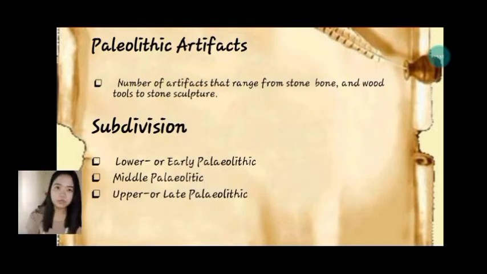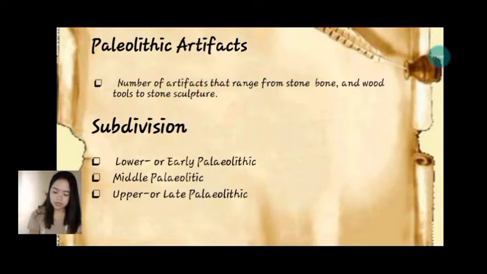So proceed to the Paleolithic artifacts. There are a number of artifacts that range from stone, bone, and wood tools to stone sculpture. First, subdivisions. There are 3 subdivisions. First, lower or early Paleolithic, the second one is the middle Paleolithic, and the third one is the upper or the late Paleolithic.